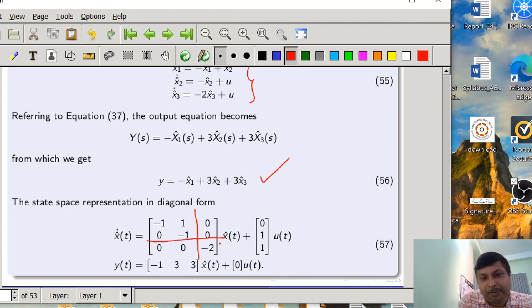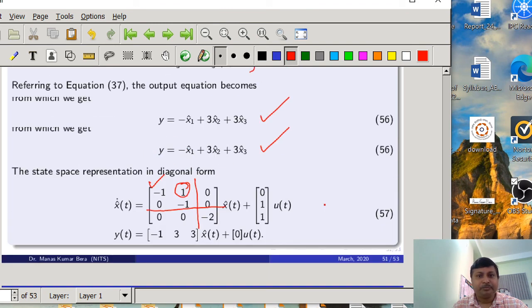You see that minus 2, which is the distinct root, is sitting here, but this small matrix is not purely diagonal. An off diagonal term 1 is present, and the two repeated eigenvalues or poles are located at the diagonal places, that is minus 1 and minus 1. So in this way we can represent the system from the transfer function. If multiple roots are there, then we will get the Jordan canonical form, and in this way we find the Jordan canonical form for a given transfer function.